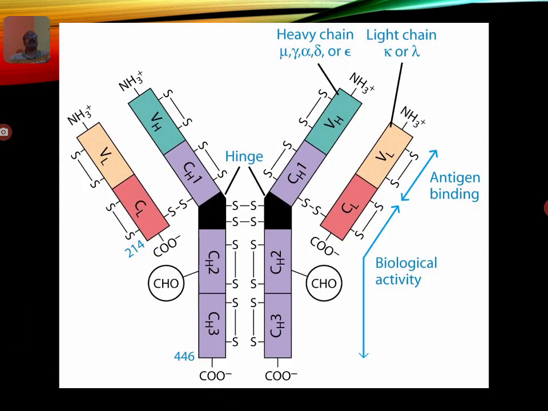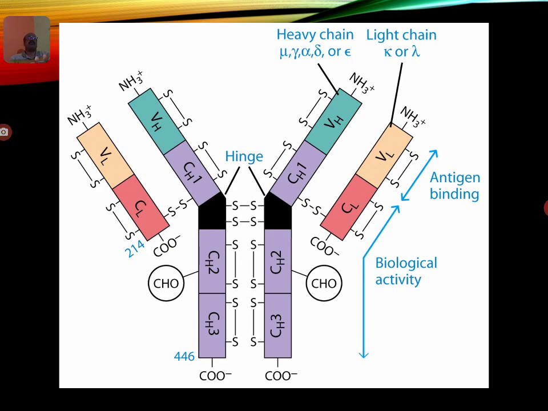The structure of immunoglobulin is shown in this slide. You can see the basic structure of immunoglobulin. It is Y in shape and it has two chains. One is the heavy chain, which is present in the center, and the other is the light chain, which is in the peripheral region of the Y arm.